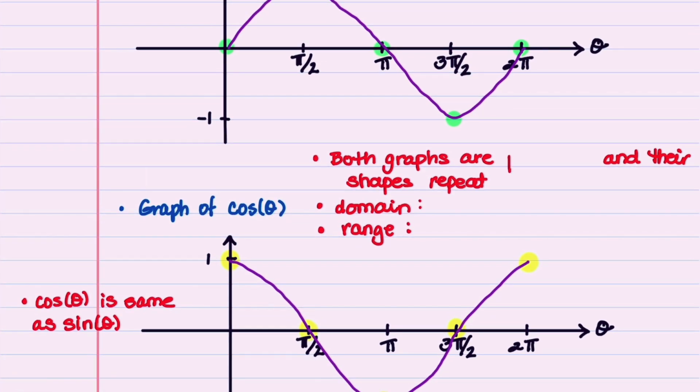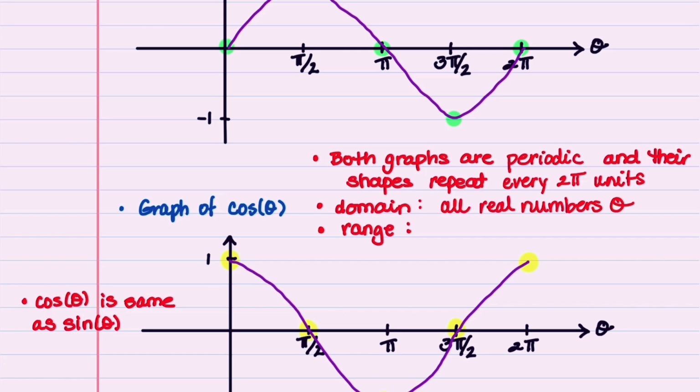Both graphs are periodic, and their shapes repeat every 2 pi units. The domain of our graph is all real numbers theta. Our graph extends infinitely to the left and to the right.